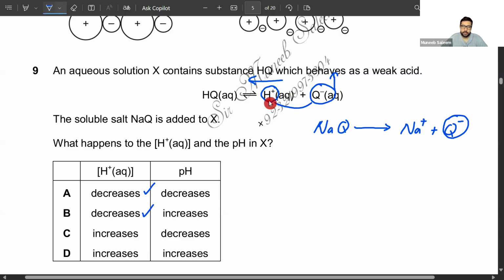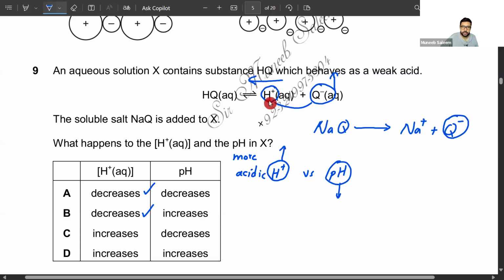Now, if you remember from the chapter, the concentration of hydrogen ions is represented with the pH as an opposite effect. If the hydrogen ions amount increases, it means more acidic condition, and by more acidic, it means the pH value will be smaller.